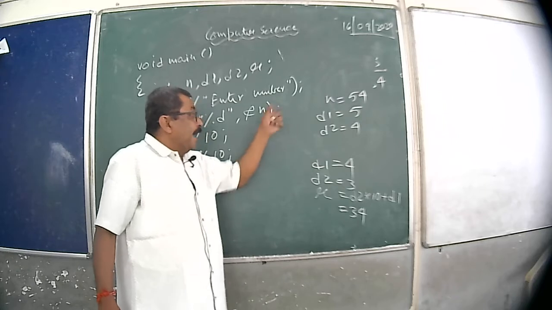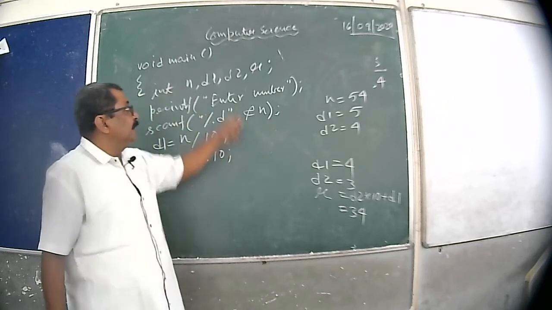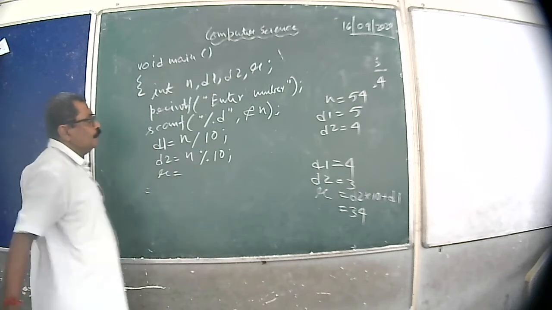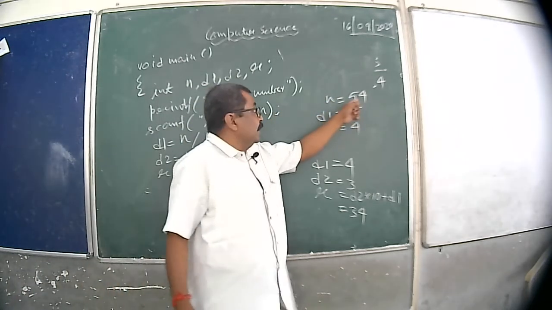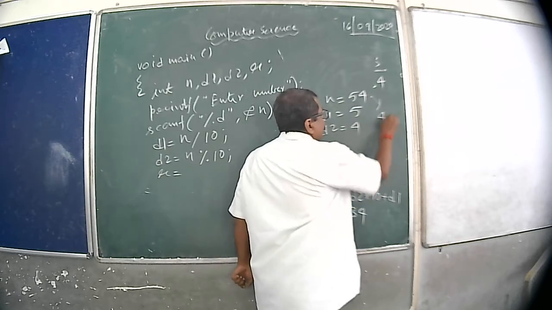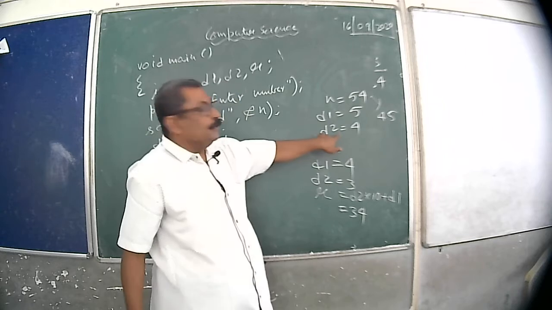After that we have to go for the calculation of R. R is equal to, what exactly do I require from 54? 45. D2 is 4.